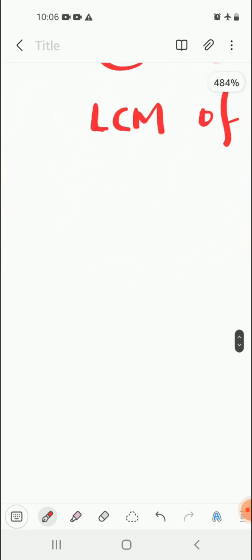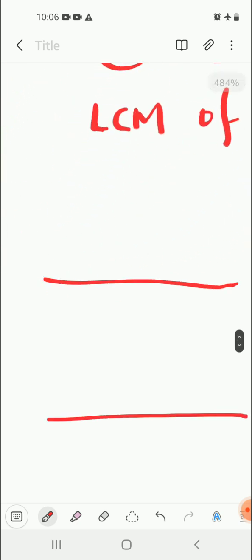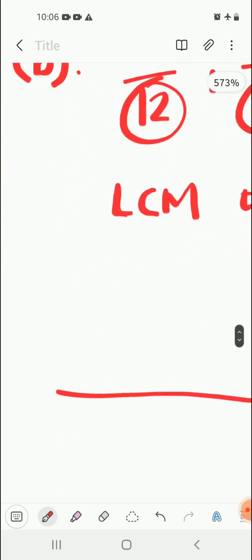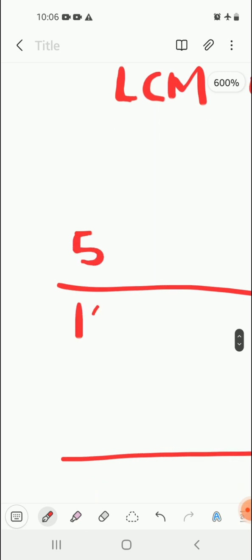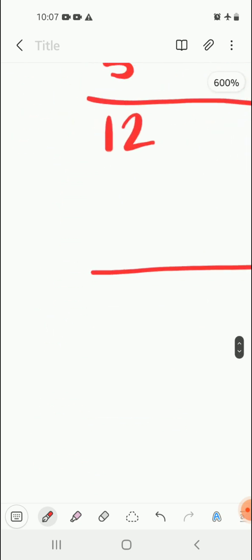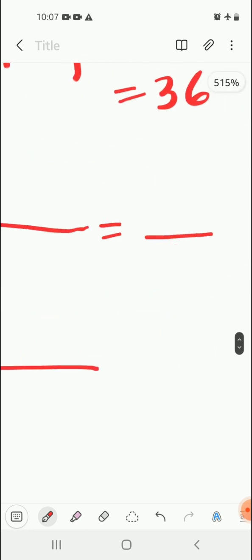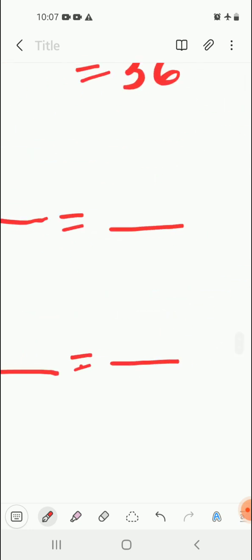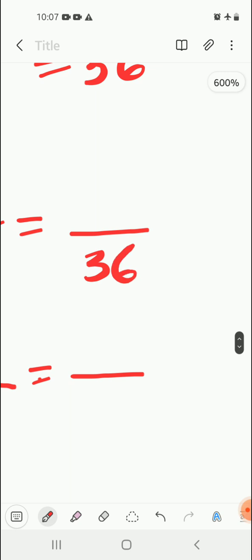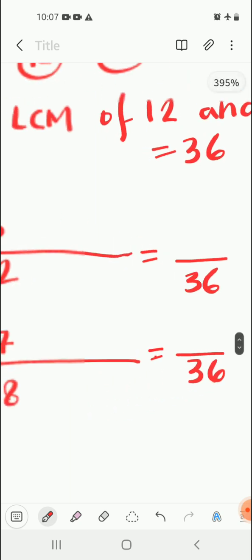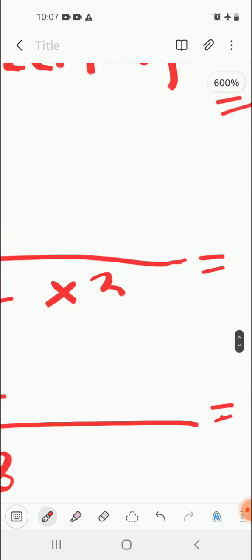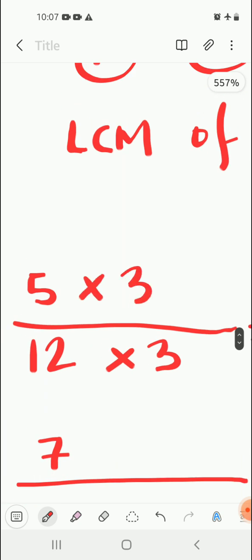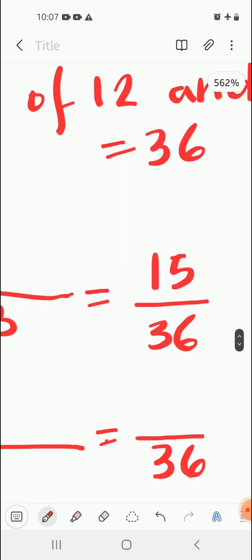We are going to write the denominator as 36. Follow the same steps. We will draw two long horizontal lines and copy the fractions as they are: 5 by 12, the first fraction, and 7 by 18, the next fraction. Then change the denominator as per the LCM, that is 36. Now we know 12 into 3 is 36, so multiply the same with the numerator: 5 into 3 becomes 15.